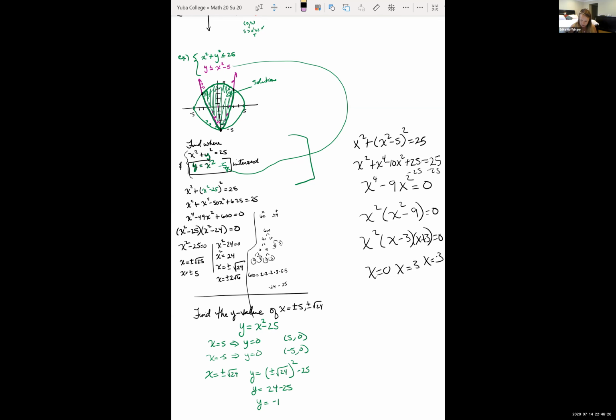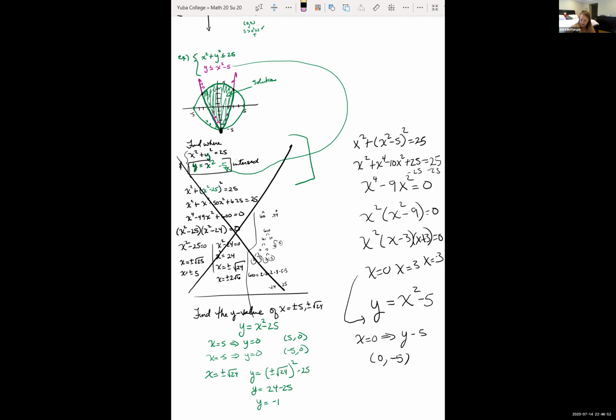Now if we go back and plug in, but we're not plugging it into y squared minus 25, we're plugging it into y equals x squared minus 5. If you plug in 0 here, then you get 0 minus 5, which is -5, so y equals -5. So we have a point at (0, -5), which we already knew.